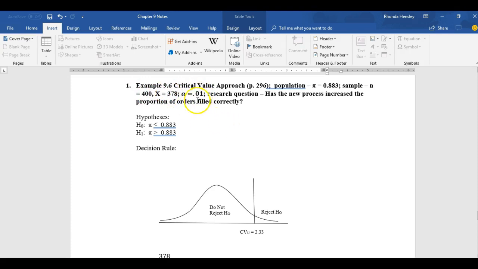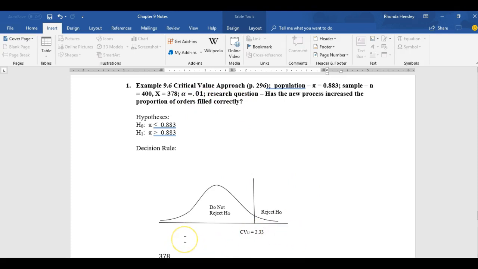Alpha in this problem was given as 0.01, and the research question would be: they've changed the process, and they want to know, has this new process increased the proportion of orders filled correctly? So your null hypothesis says less than or equal to 0.883, and your alternative is greater than 0.883. In this case, we have 1% in the upper tail.